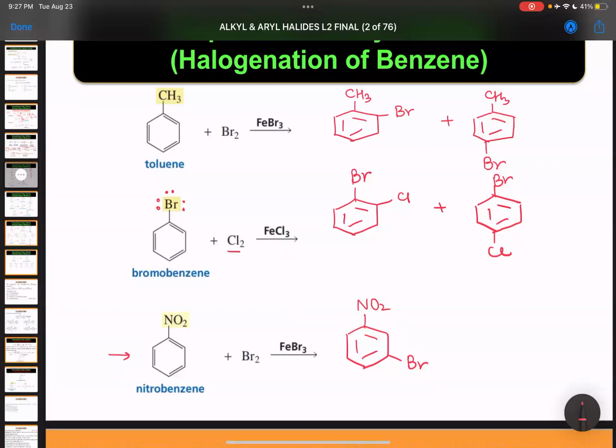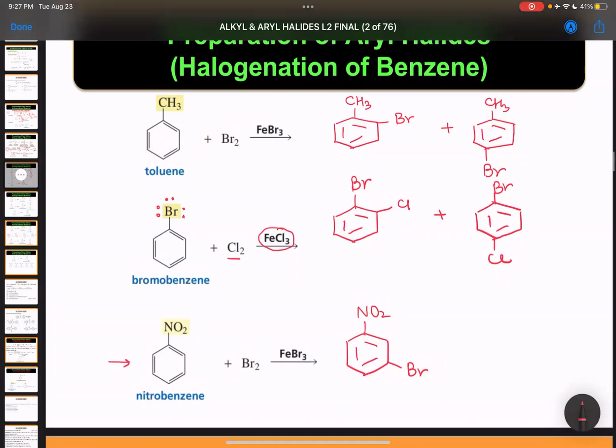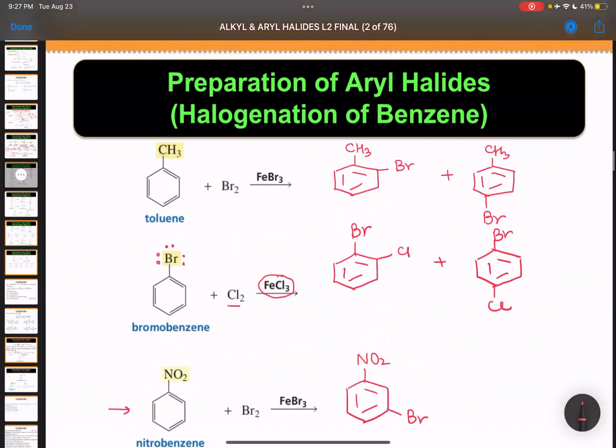Do we always need a Lewis acid to attach halogen? Or are there certain conditions where the reaction can happen even without taking a Lewis acid? Sir, when it can form a positive cation.